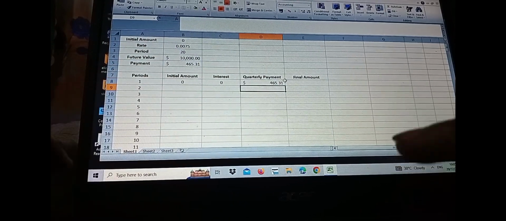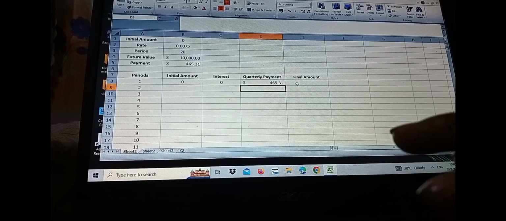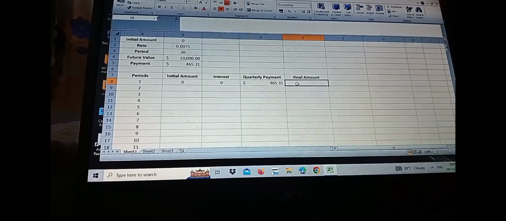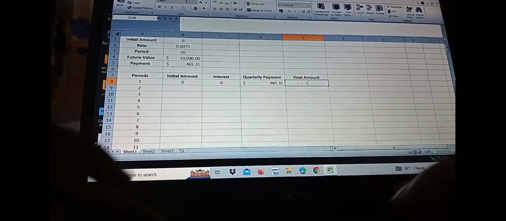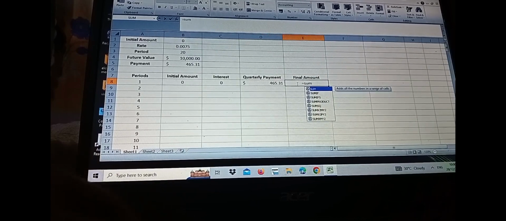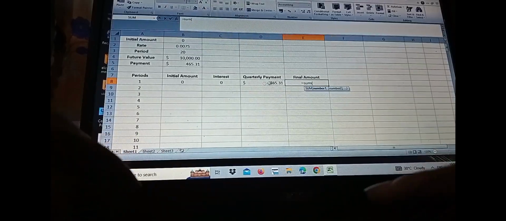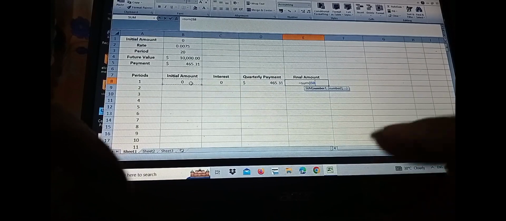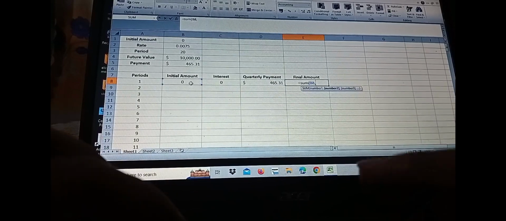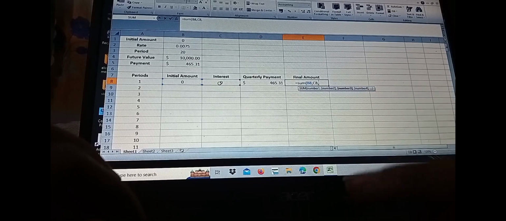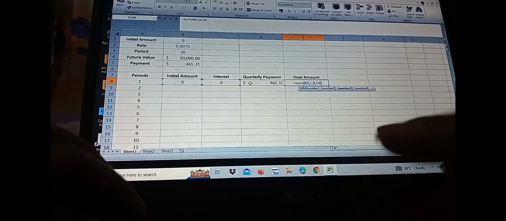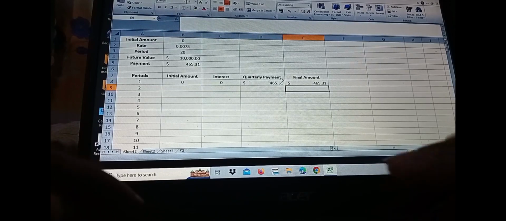So we have $465.31. For the final amount, we put an equal sign, and then type SUM, then an open parenthesis, and then click the initial amount, comma, then the interest, comma, and the quarterly payment, and then close parenthesis, and then enter.